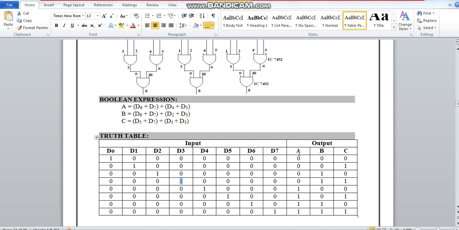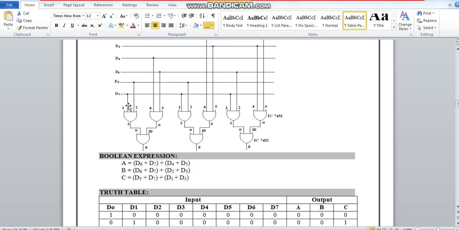You can see here A is present when D4, D5, D6 and D7 are present, so the summation of D4, D5, D6 and D7 is A. B is present when D2 and D3 are high, and when D6 and D7 are high. When you sum up all these four, you get B. Similarly, we will write out the expression for C, and that is realized with the help of a circuit.